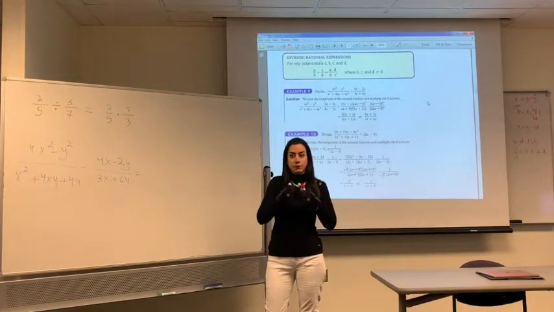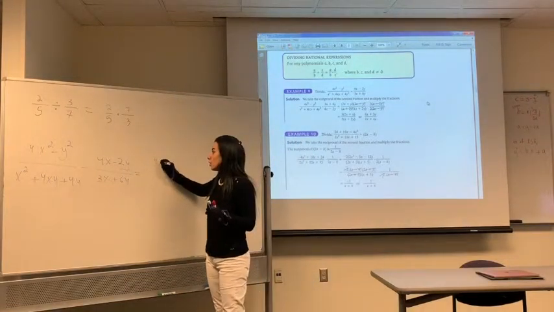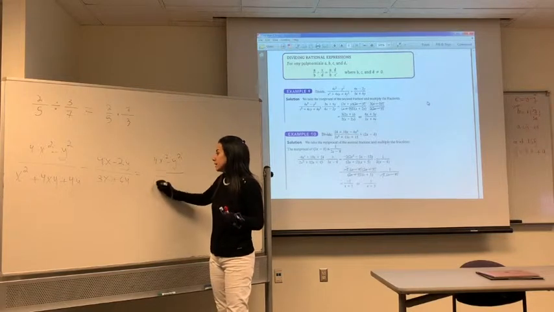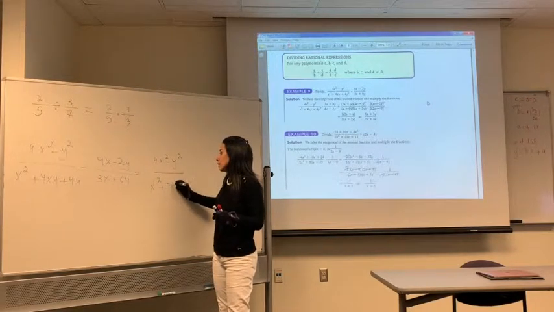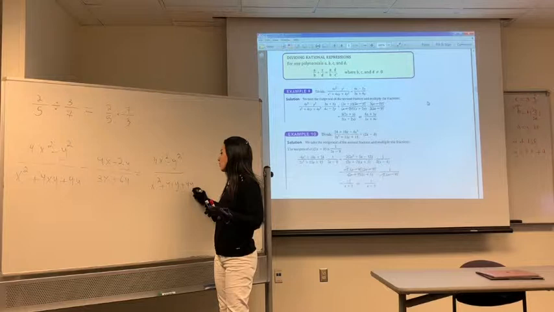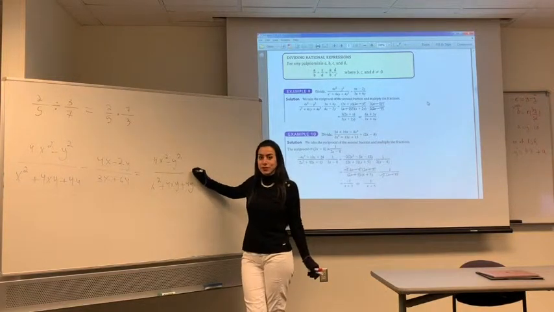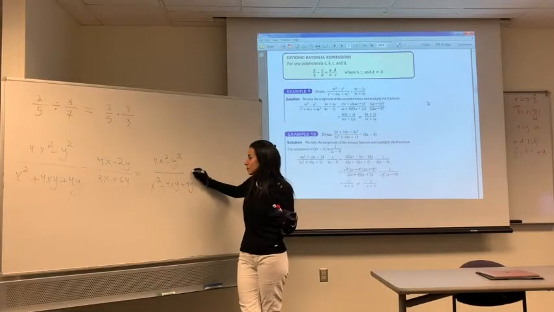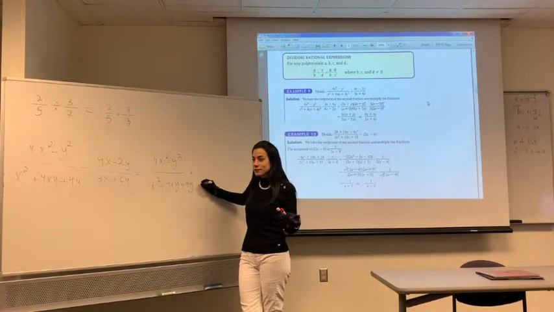So we keep the first fraction as it is, 4x squared minus y squared divided by x squared plus 4xy plus 4y. Division converts to the multiplication, correct?